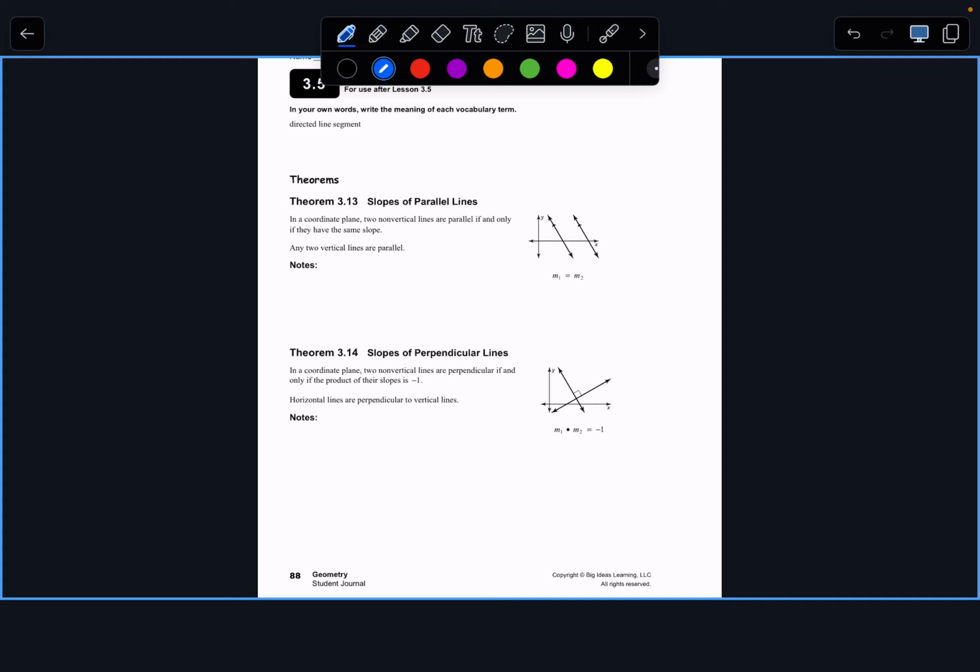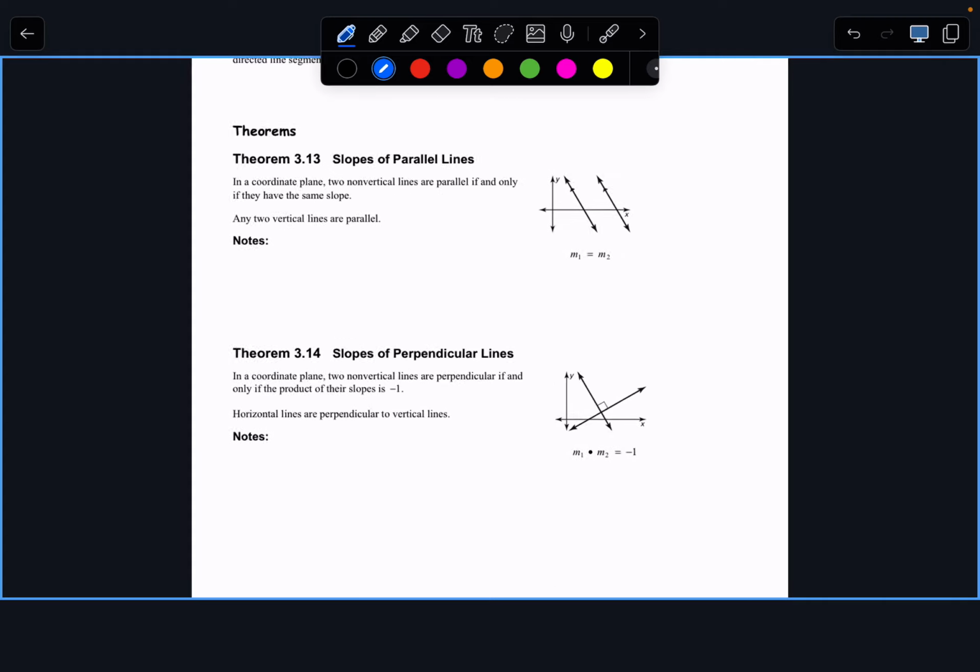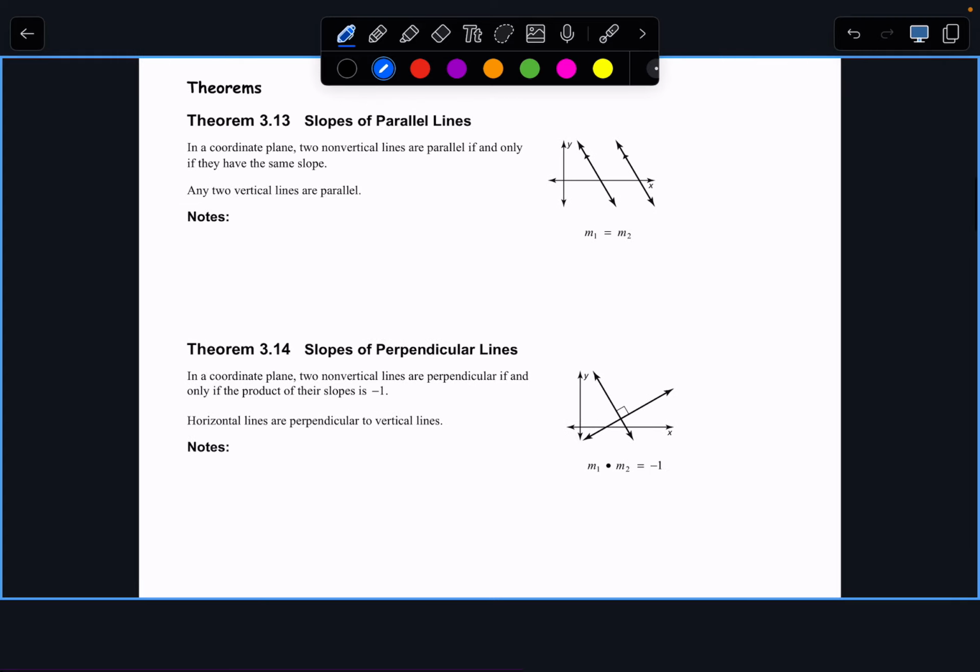Okay, so this is what I need you to write down so that in case you need to come back to it, it's there for you. I would like you to write that. You know what, we're going to make that thicker. Parallel lines have the same slope. Can you please write that for me? Yes. Parallel lines have the same slope.